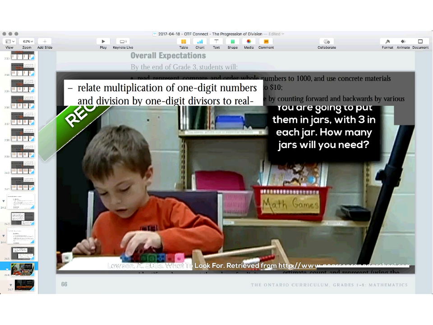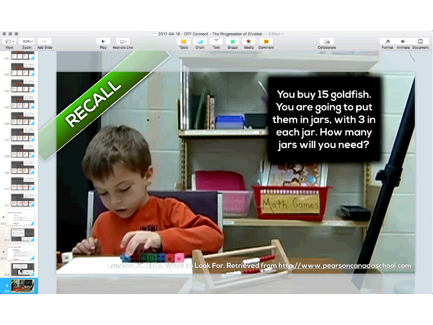Basically, it's a story where the student buys 15 goldfish, and the student's asked to put them in jars with 3 in each jar. How many jars will you need? And what you'll find here is that you actually have the opposite of what we did in the last case. Before, I knew how many people there were.